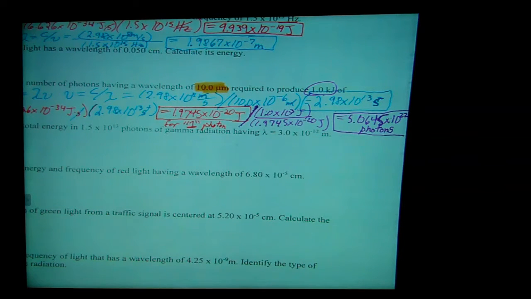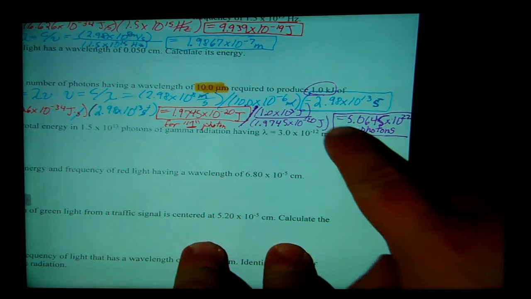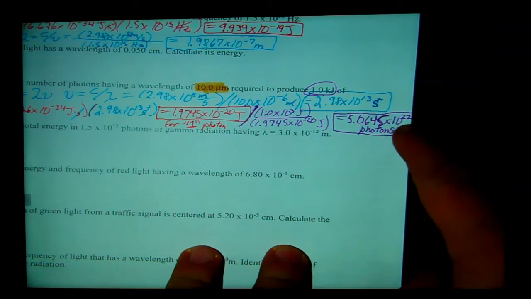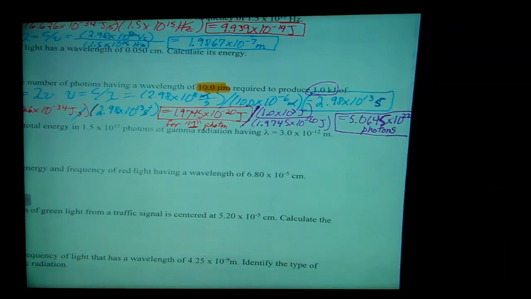I will be impressed. Any questions? That one was pretty hard. We end up needing 5.0645 times 10 to the 22nd photons. That's a whole lot of photons.